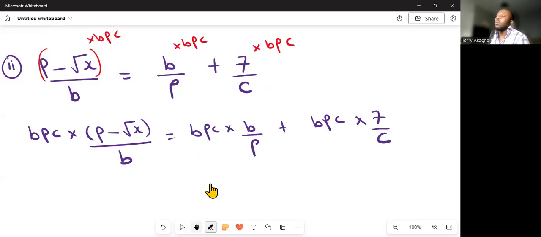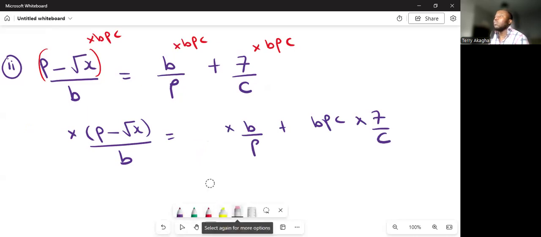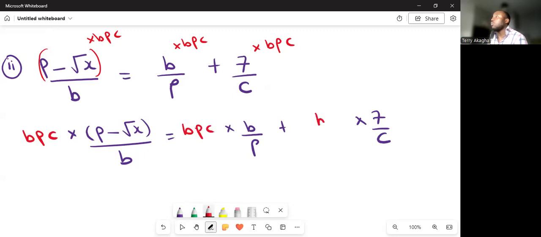Okay, students take note, I'm going to write these ones in red so they will know that is the additional one we're referring to here. So if we go now, that means this b is going to cancel this, p will cancel this, and c will cancel that.